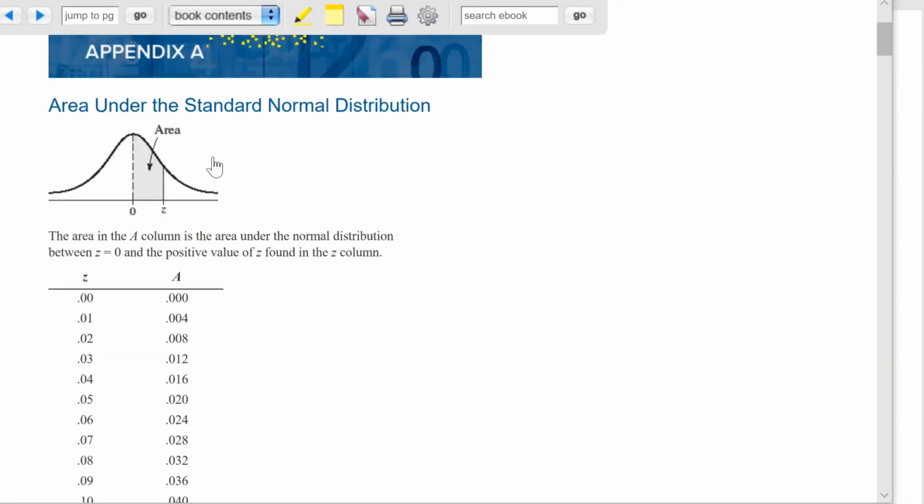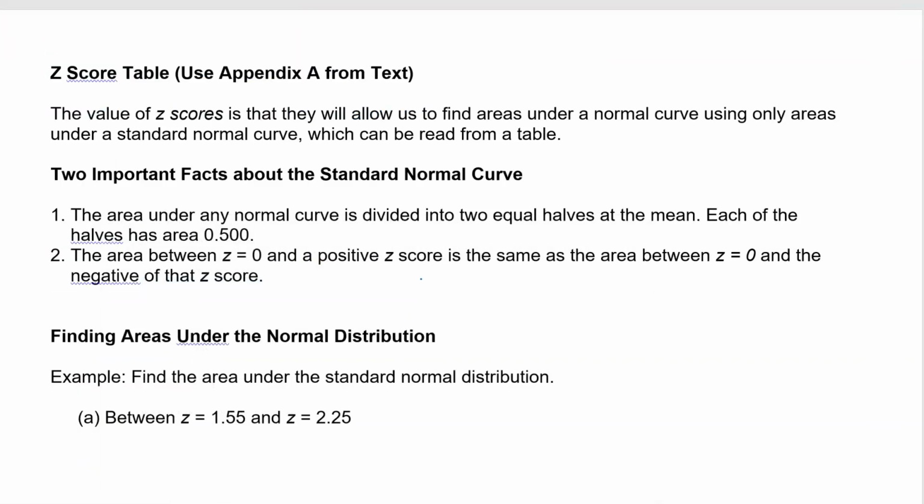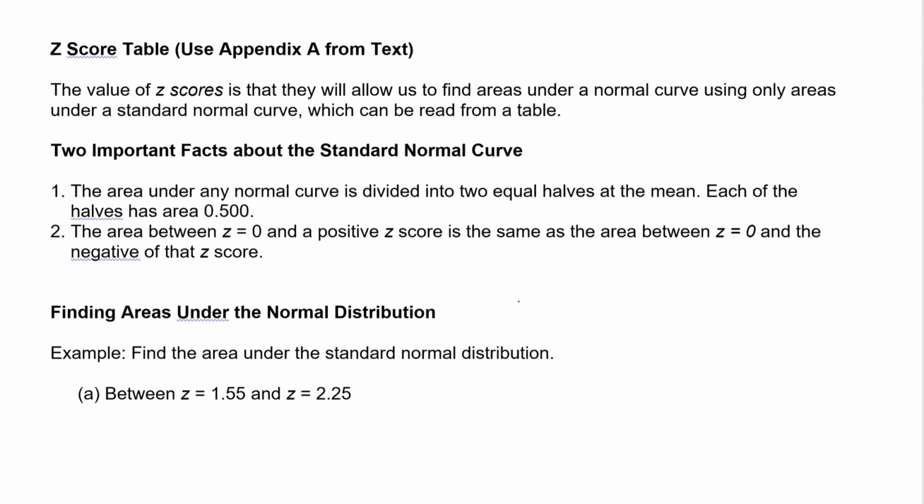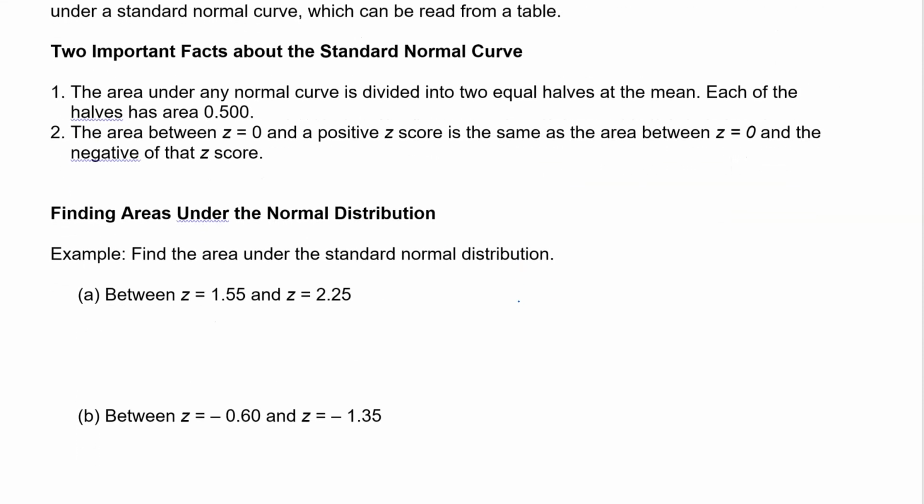It allows you to look up a z-score. The 0 represents the middle, or the mean, and if you know the z-score, this table will tell you the area from the mean going to that z-score. For all of these problems, we're going to first draw a picture to figure out where the area is that we're trying to find, and then use the table to find it.